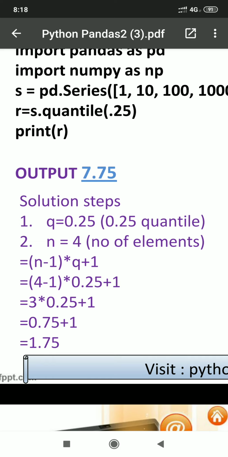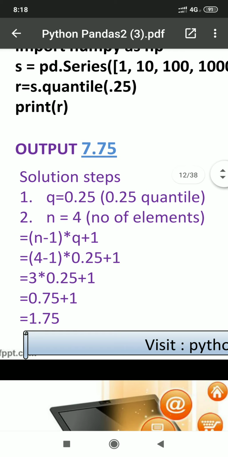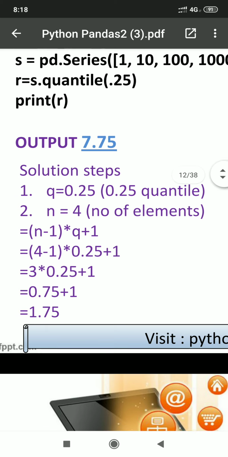So if we fill in the values according to these variables, (4 minus 1) into 0.25 plus 1, what will be the result? First of all, we solve the bracket, it will be 3. Then 3 multiplied by 0.25 plus 1. According to the BODMAS rule, first multiplication will be done.